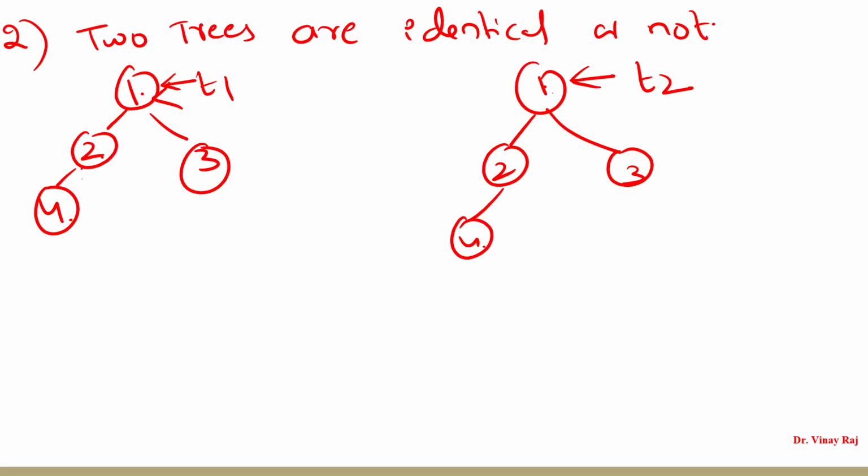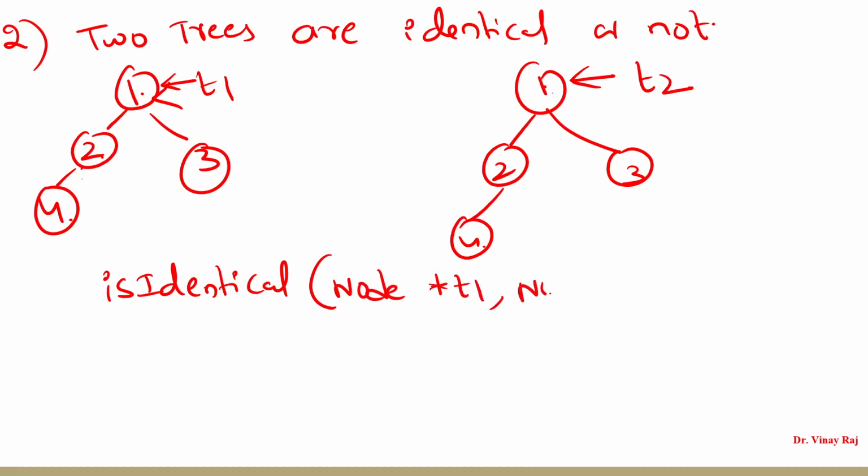For that reason, we will write a function, I will call it isIdentical. I will be capturing the temp values, node star T1 and node star T2. So what is my logic here? First I have to check whether T1 data is equal to T2 data.